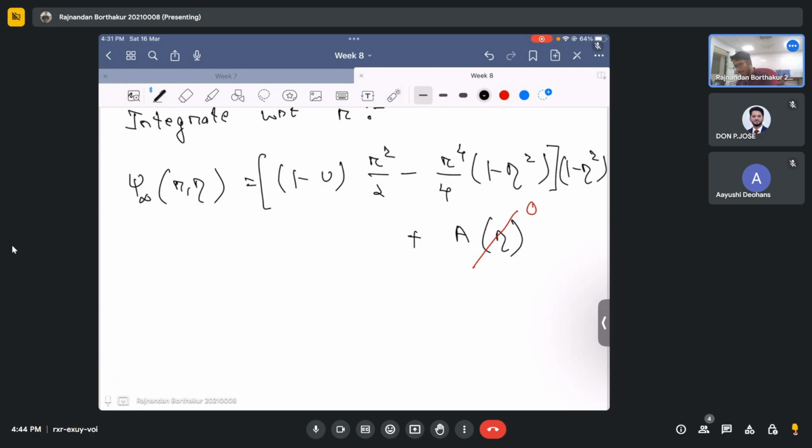Which means that psi infinity as a function of r comma eta is basically something like this. So what does this become? It becomes 1 minus u into r squared by 2, and let's simplify.